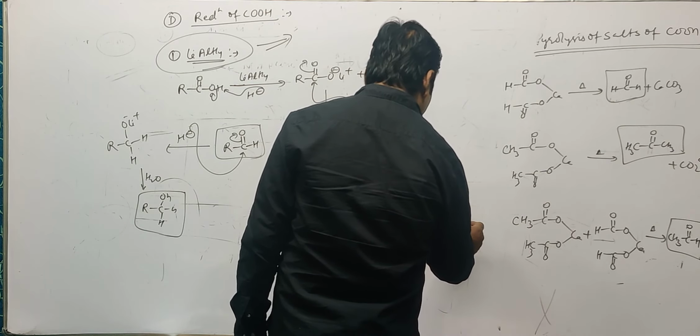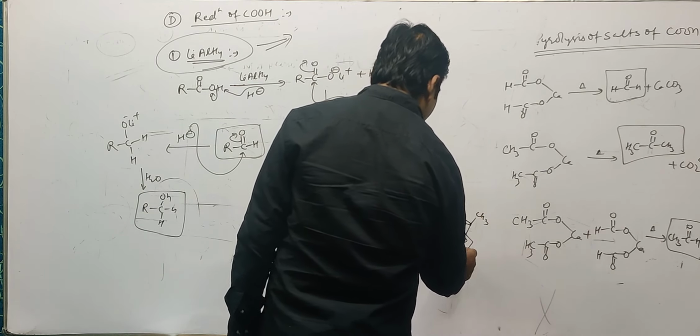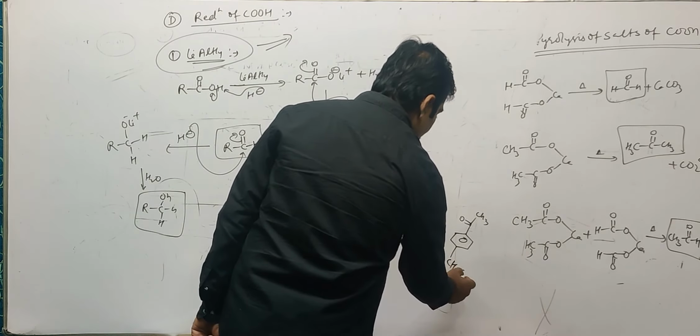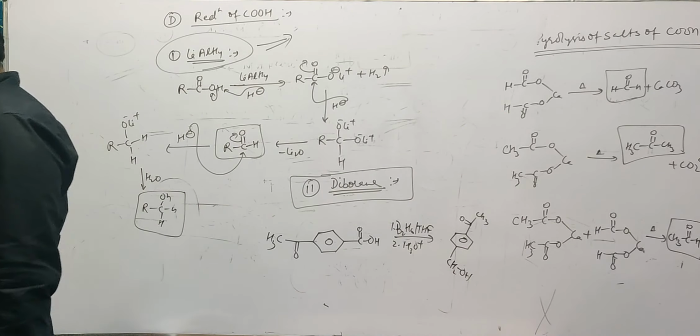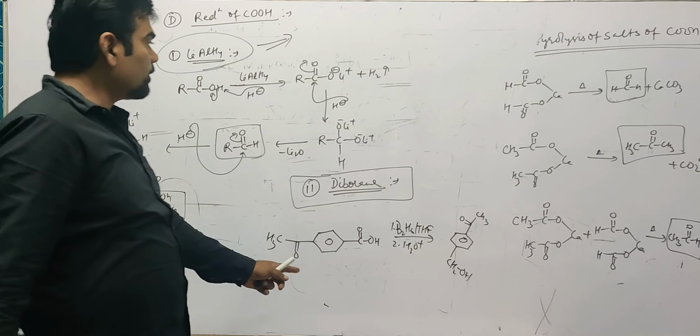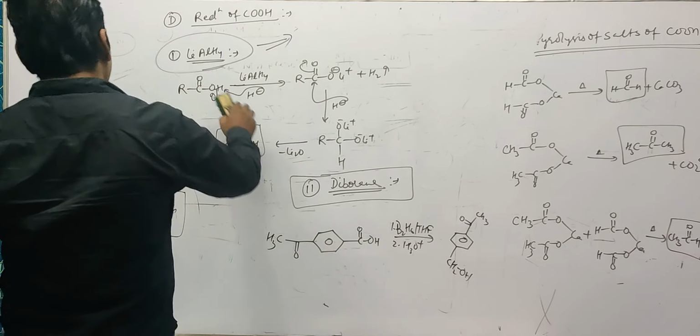The double bond O CH3 is retained by the substrate, but the COOH group is reduced to CH2OH, so it forms the corresponding alcohol. Alright, this is about reduction of carboxylic acid.